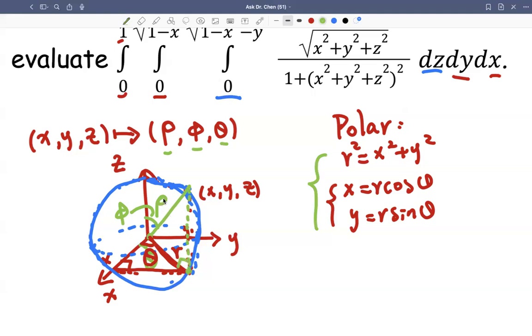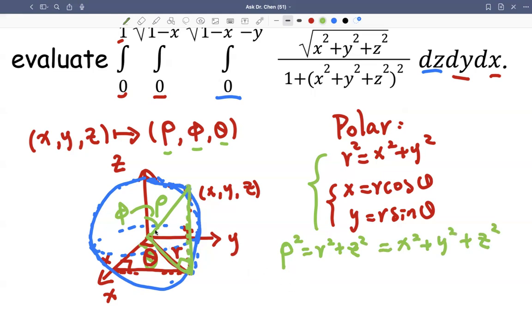So we see clearly rho squared equals this r squared plus this z squared, right? So we have r squared plus z squared from the green triangle. And of course, r squared is x squared plus y squared. So rho squared equals x squared plus y squared plus z squared. And then we see the x value.